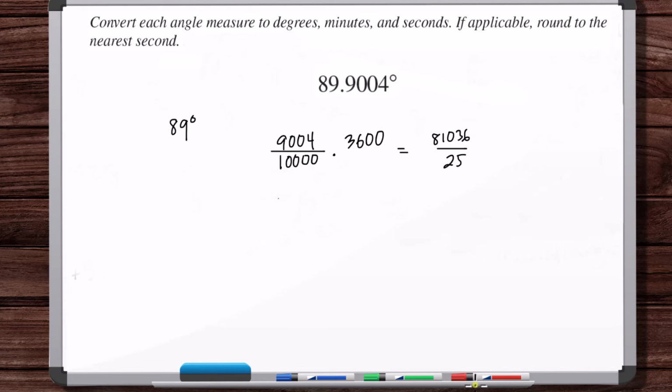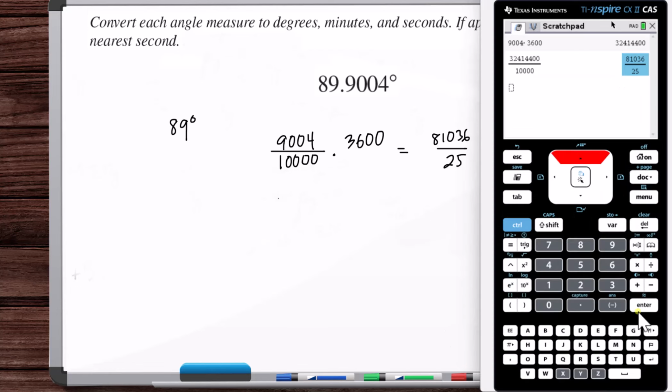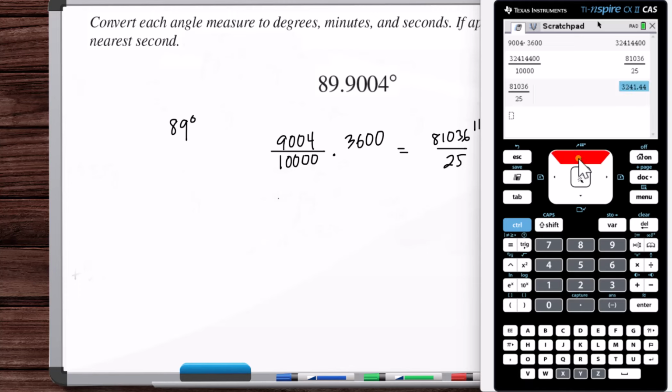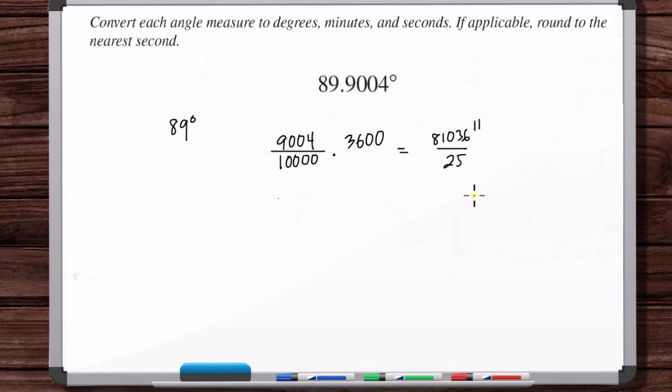Okay, well, it's this many seconds, but how many minutes is this? $54.024 minutes.